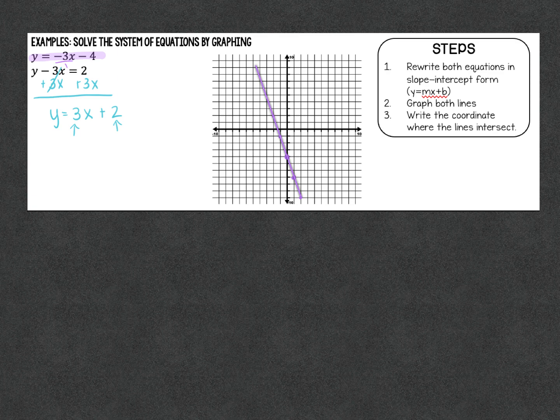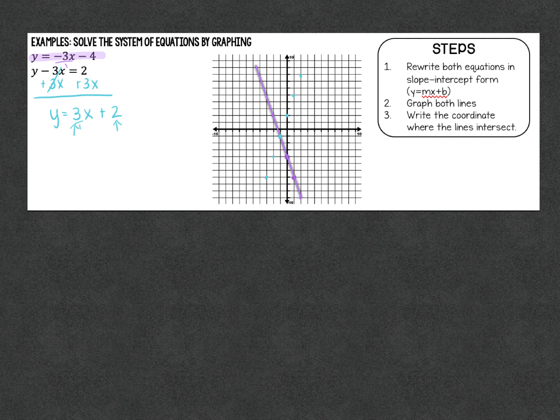Okay, and then we're going to do the blue one. This one starts at positive 2 and then goes up 3 to the right 1 because it's a positive 3 over 1. Up 3, right 1, and then down 3, back 1, and that's where we should see that they had the same point right there.